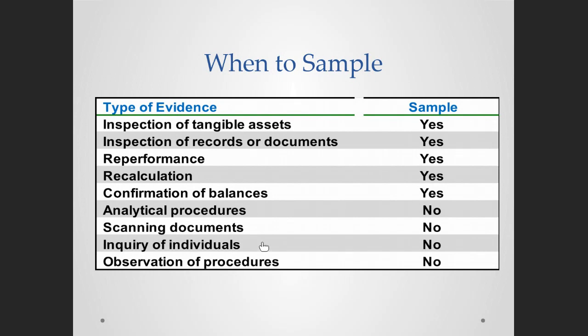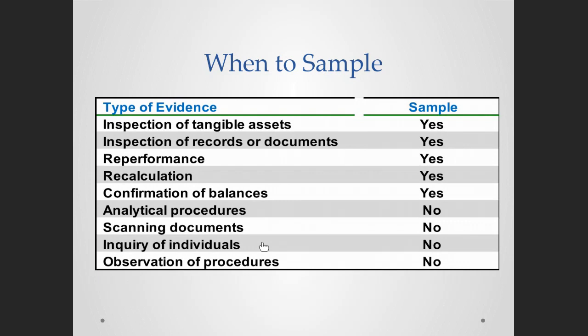The next is inquiry of individuals. When we do our auditing, we go around the company's office and factory and so forth, and we ask the people that are performing different procedures questions about what they do, how they do it, when they do it, why they do and do not do certain things, etc. And these people that we are going to ask are not many, right?